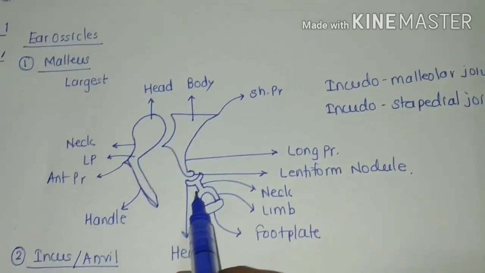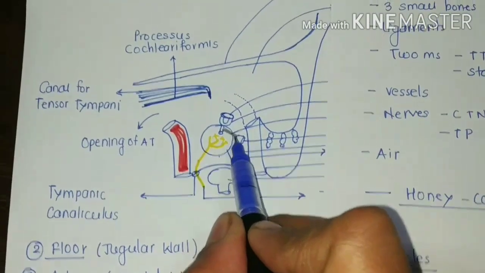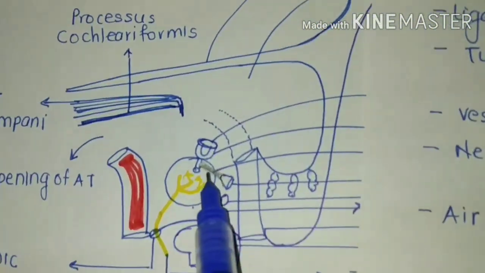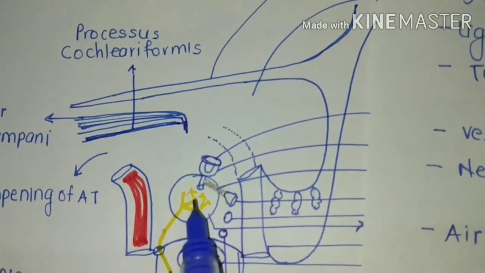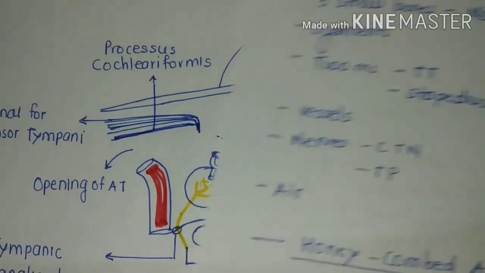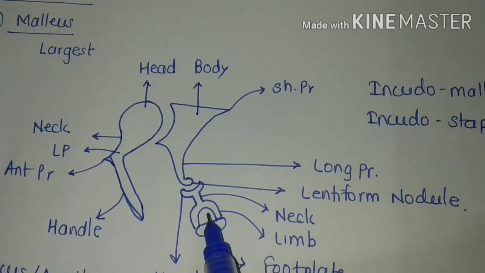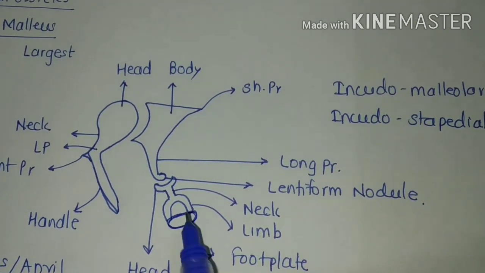The neck is narrow and it provides insertion to the stapedius muscle. This we have already seen. Then the two limbs, anterior and posterior, diverge from each other and are attached to the foot plate.